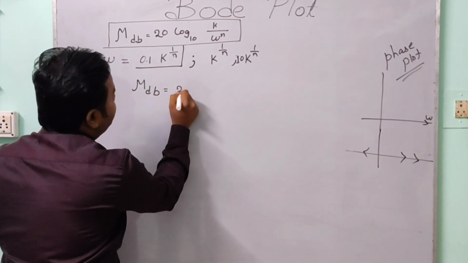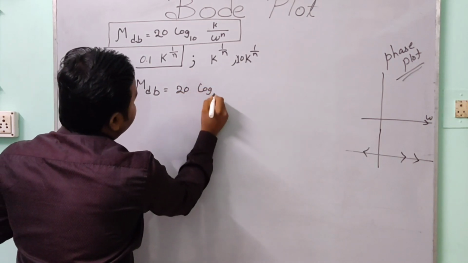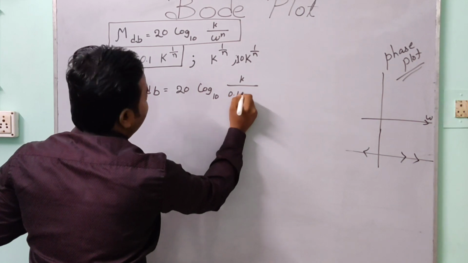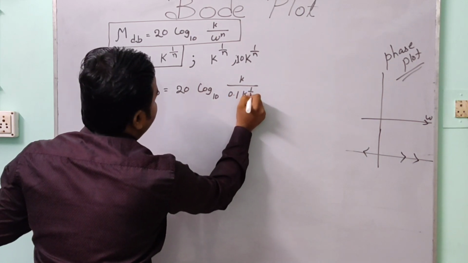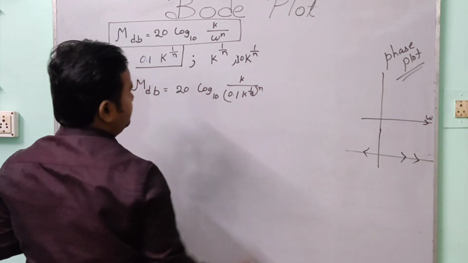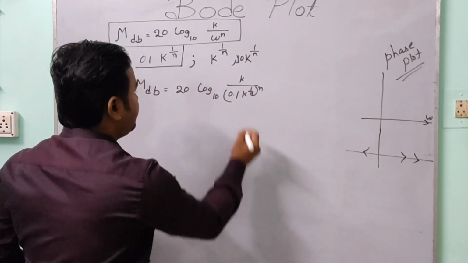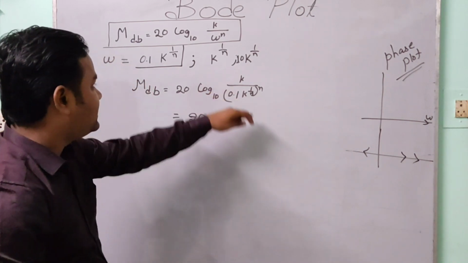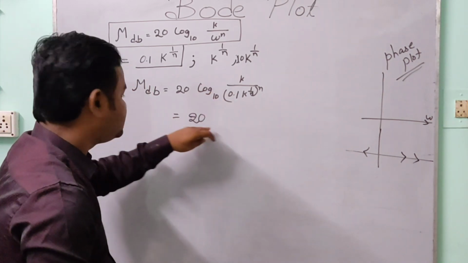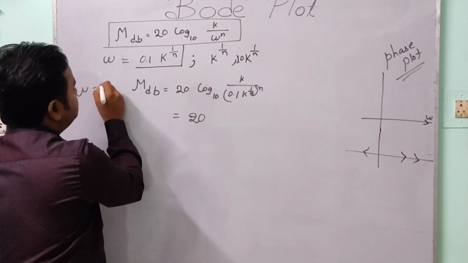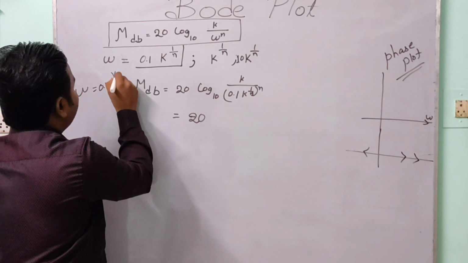will be 20 log base 10 of K divided by (0.1 K^(1/n)) to the power n. By cancelling out everything, we get M dB equal to 20 here. This is when ω is equal to 0.1 K^(1/n).